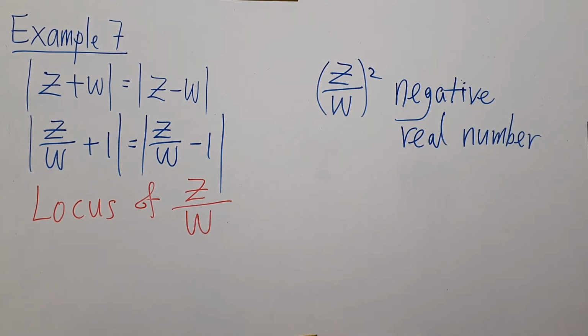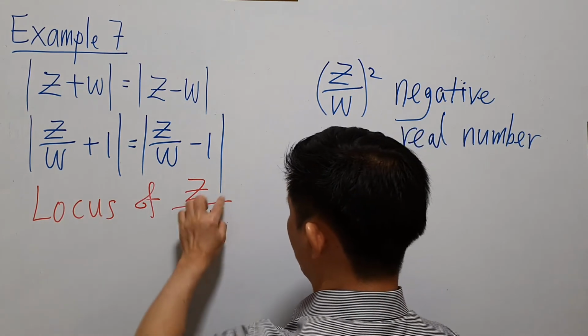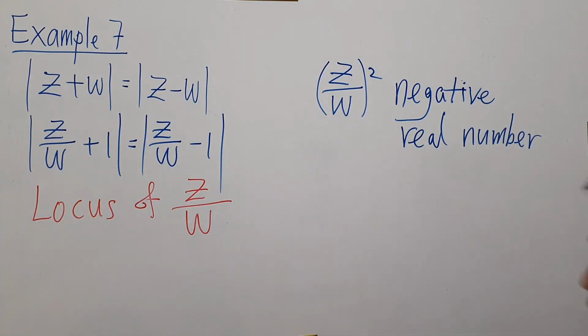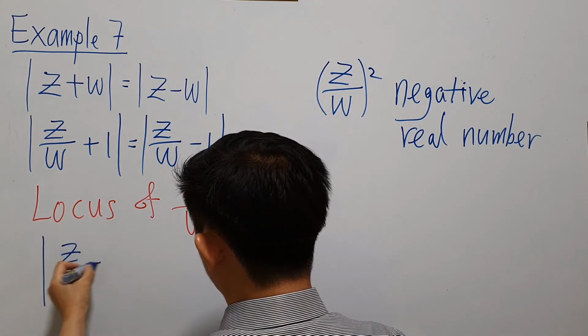If you see Z over W as a complex number, you will realize that if you look at this one carefully, you see that this one is very much the case of A. Let me rewrite a bit more.